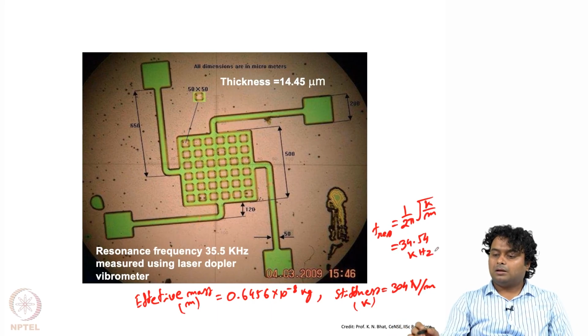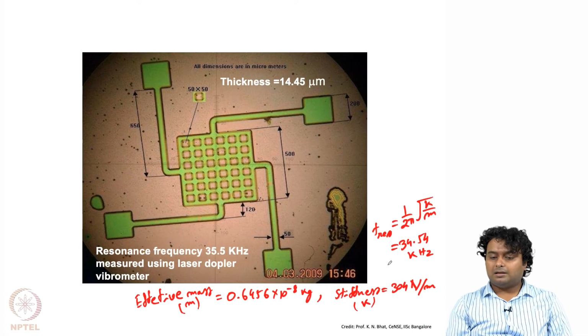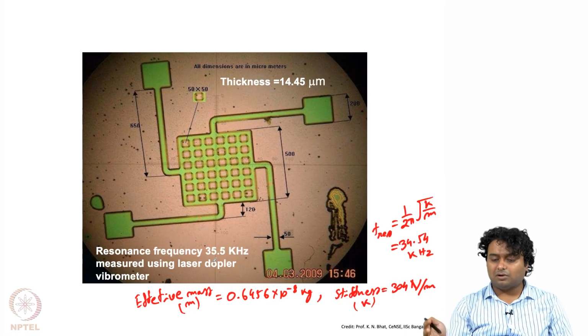So according to our design and the material properties, it should come as 34.54 kilohertz, whereas we measured 35.5 kilohertz. So it is 1 kilohertz off from its design frequency.